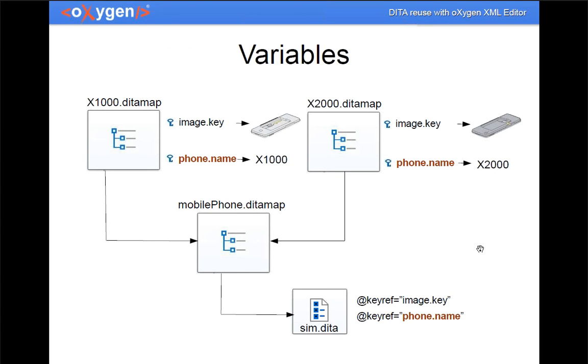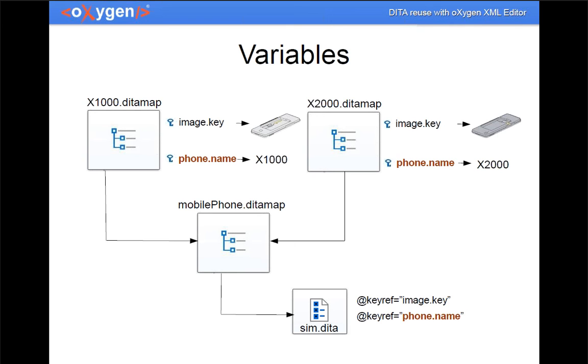Another use case for keys is to define variables. For example, in my user manual, the most used variable is the phone name. So let's use keys to define such a variable.